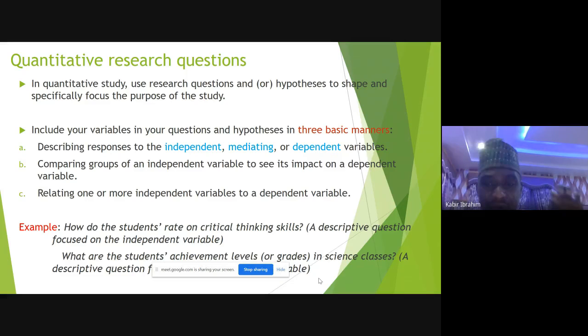So the focus of descriptive question goes to independent variables here, because how do the students rate on critical thinking skills? Then two, what are the students' achievement levels or grades in science classes? A descriptive question for the dependent variable.